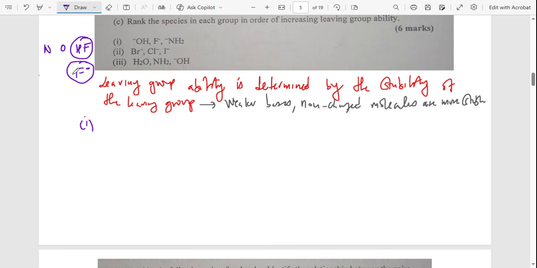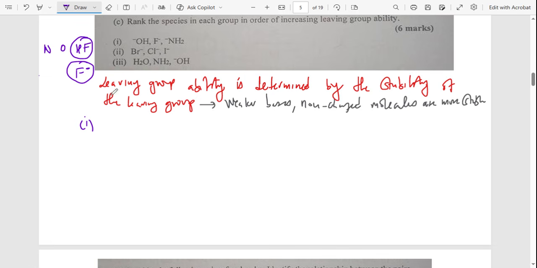The moment their parents are no longer there, they'll struggle a lot. So if you are used to negative environments, when negative situations come, you easily withstand them more than someone who is not used to them. So fluorine is more electronegative and accommodates a negative charge more. Even if it loses that hydrogen to form a negative charge, it is more stable. So fluoride is the most stable base.